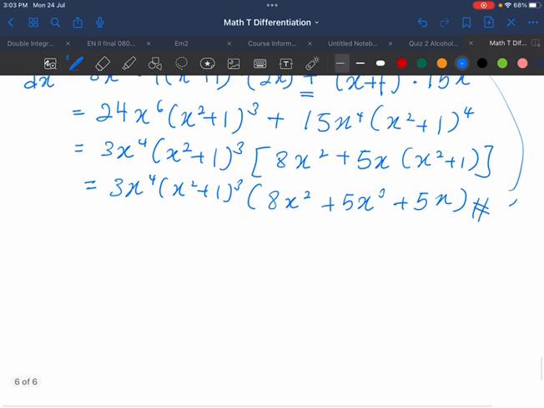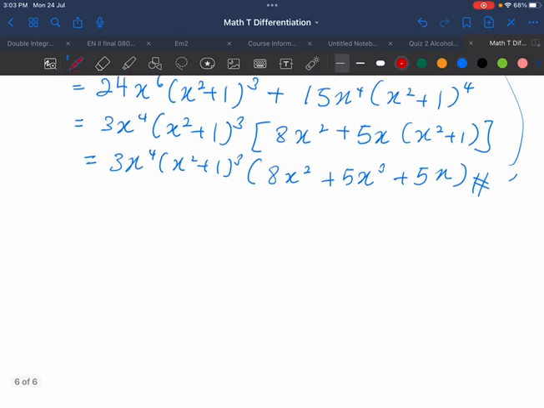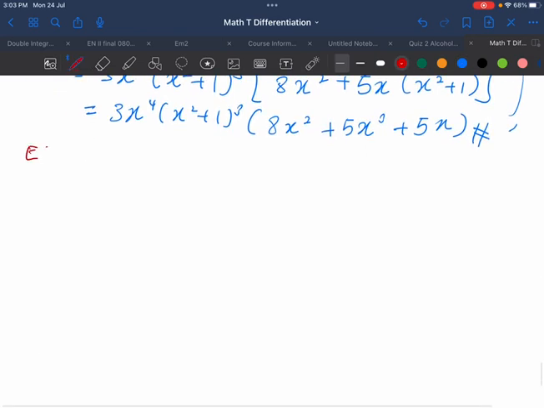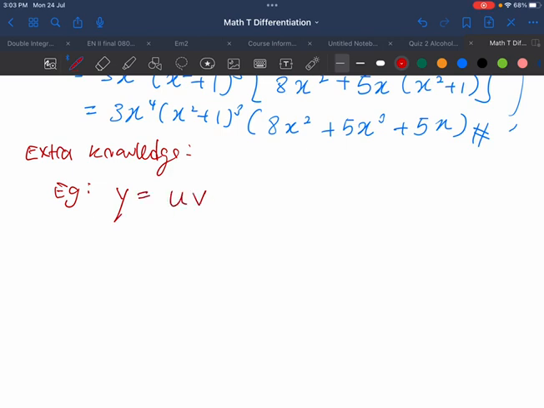Alright, so I must tell you some extra knowledge. You must remember the barbershop theory. It's like here. Okay, I have y equals UVW. That means 3 friends are going to the barbershop. So how am I going to define dy/dx? Actually dy/dx will be equivalent to the same thing.